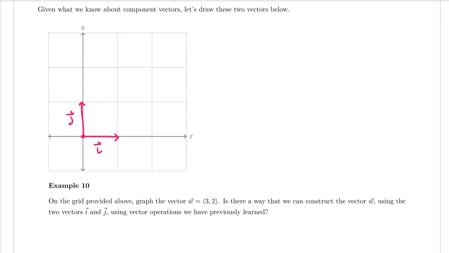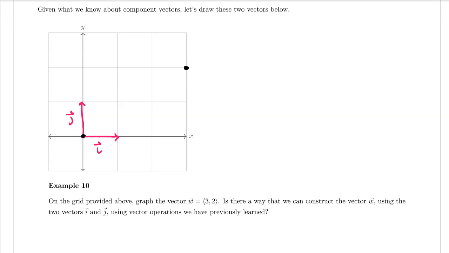Example 10 says, on the grid provided above, graph the vector w, which is equal to 3, 2. Is there a way we can construct the vector w using the two vectors, vector i and vector j, using vector operations we have learned previously? Let's start out with the first part. So I want to graph 3, 2. So I'm going to go right 3 units from the origin and then up 2 units, and that would end me there.